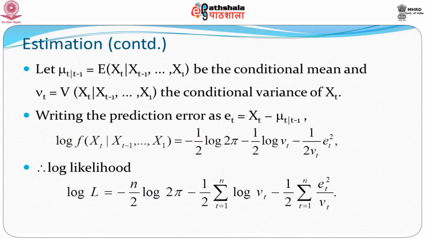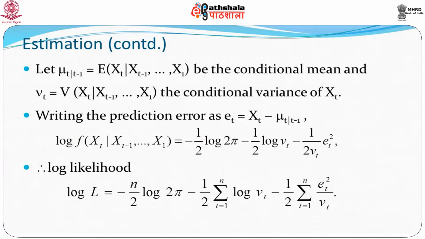So, Et is the prediction error. Now, having defined Et, we can write the log of the joint distribution as minus 1 by 2 log of twice pi minus 1 by 2 log mu t minus Et square by twice mu t. This is the usual normal distribution.